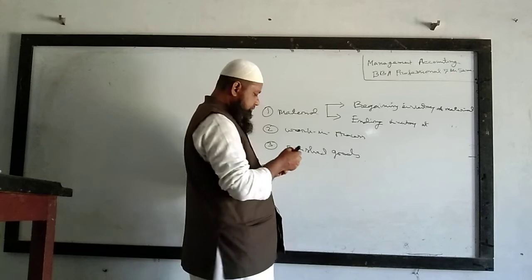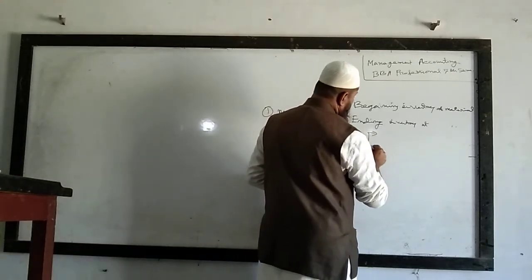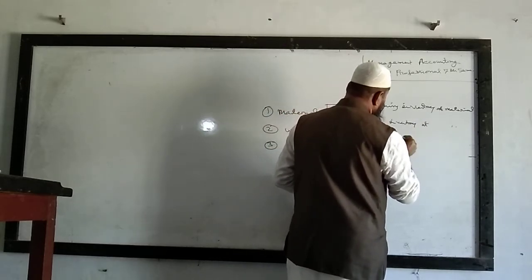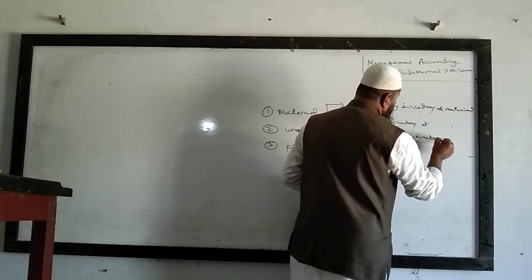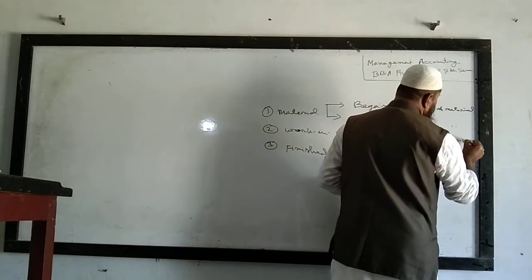Work in process is of two types: beginning inventory of work in process and ending inventory of work in process.